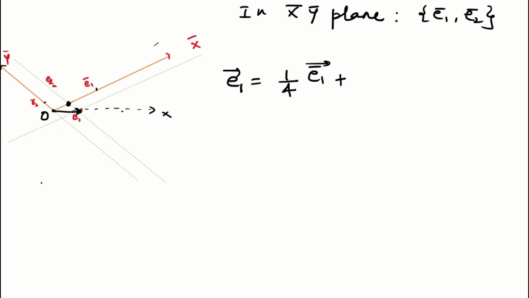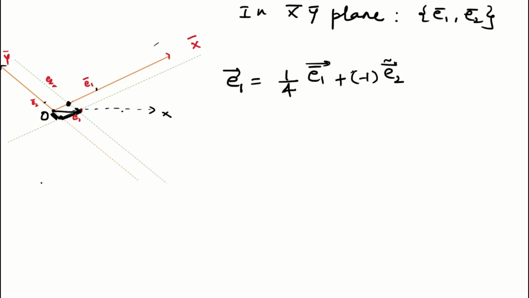So the dotted green line is parallel to the x bar axis, and where it meets the y bar axis, at this point, this much length is the component of E1 along the y bar axis. How much is it? It is exactly equal to E2 bar. This length and this length are the same, but it has a negative sign, so this will be -1 times E2 bar.